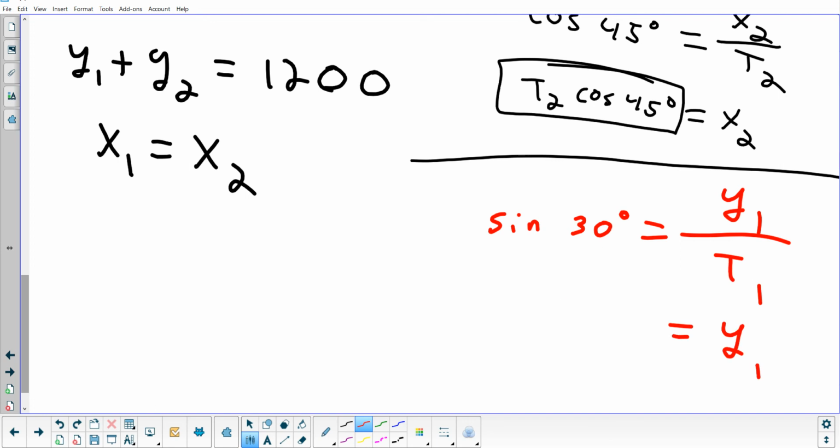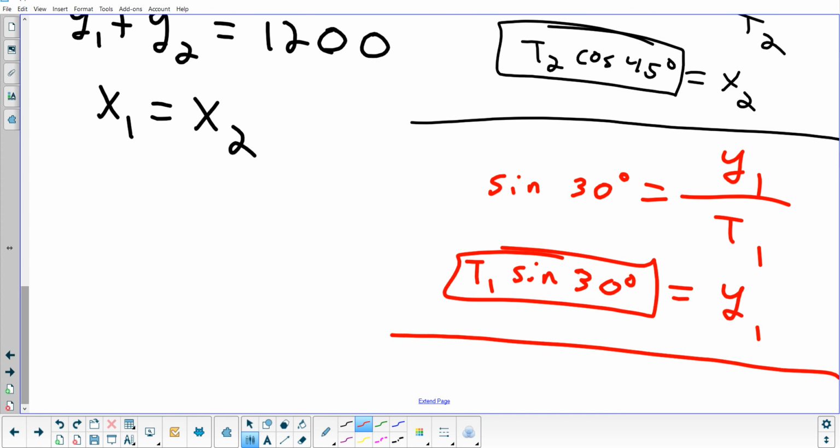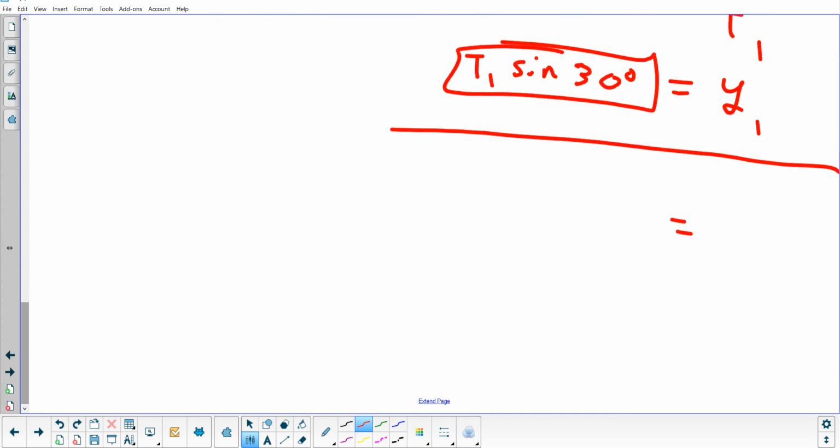And solve for y1. T1 sine 30. And the other one, does anyone think they can just tell me what it is? T2 sine 45.